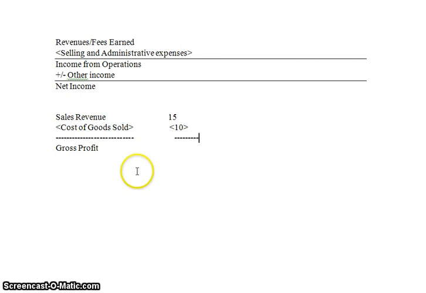Your gross profit is going to be $5. So that's what it's going to look like now. And the reason cost of goods sold is separated this way is because it is your biggest expense. If you're a merchandising company, your biggest expense is the cost of the inventory that you're going to sell. So it is preferred to look at it separately that way.